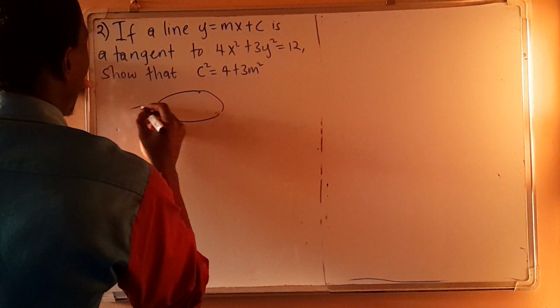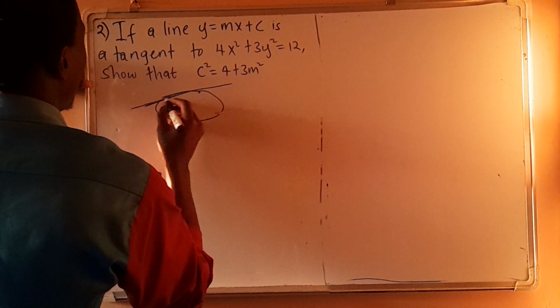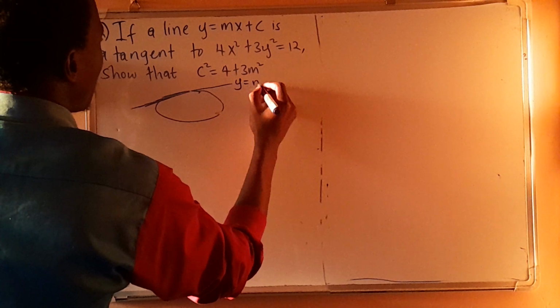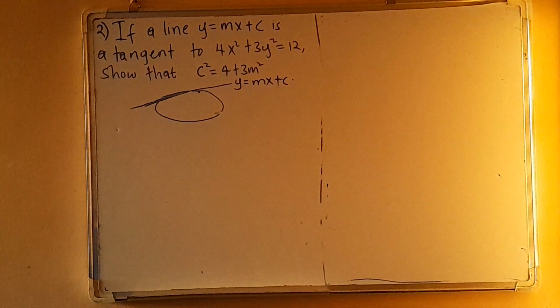In simple terms, this is what we are having. Kind of an ellipse, then a line. It touches the curve at a certain point. So they intersect in particular. So since they intersect, then we are going to substitute one in the other.